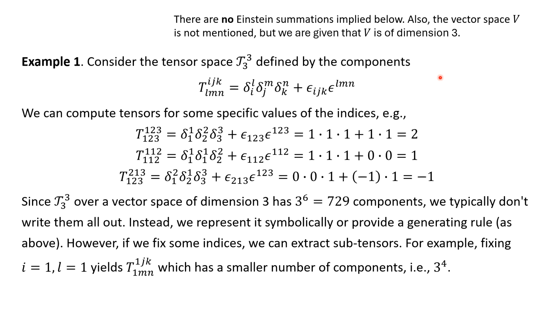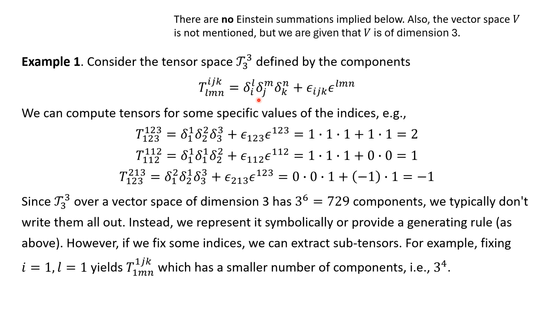Let's look at an example of a tensor, T33. So in other words, 3 instances of the vector space and 3 instances of the dual of that vector space. But we're not actually given the vector space. We're just told it's of dimension 3. And then we're given this formula for the components.